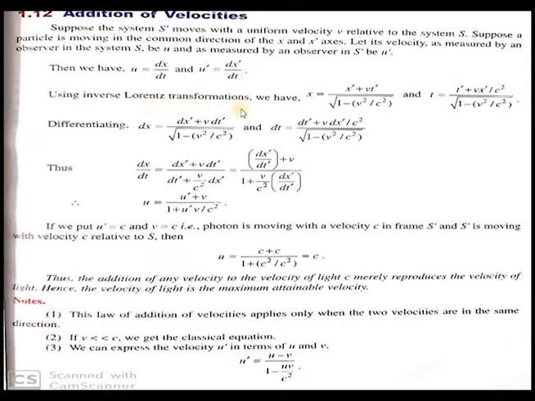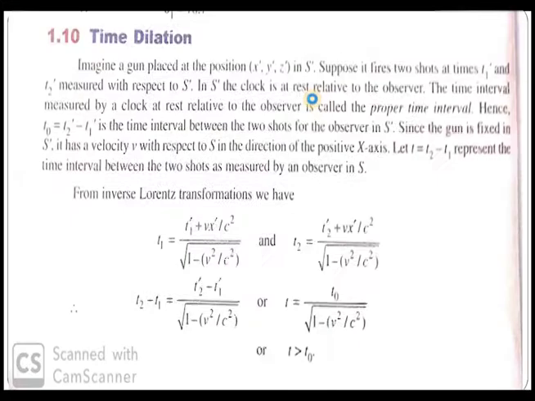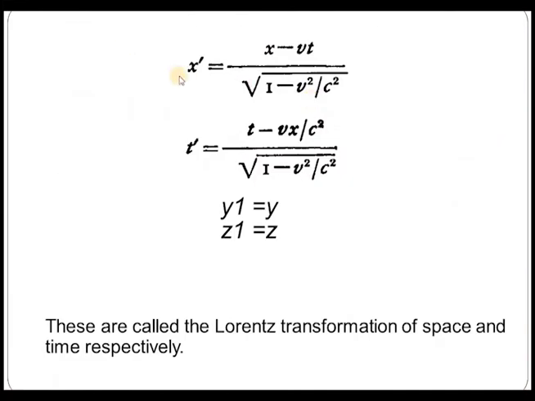Using inverse Lorentz transformations, we already have the Lorentz transformation given here. x prime is equal to x minus vt, and here x is equal to x prime plus vt, the inverse Lorentz transformation equation. Here minus doesn't change since we have a square term here.